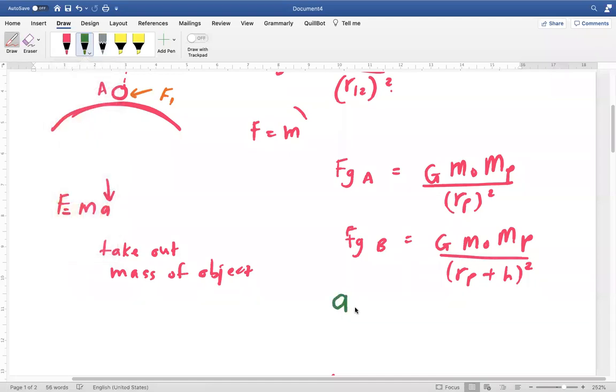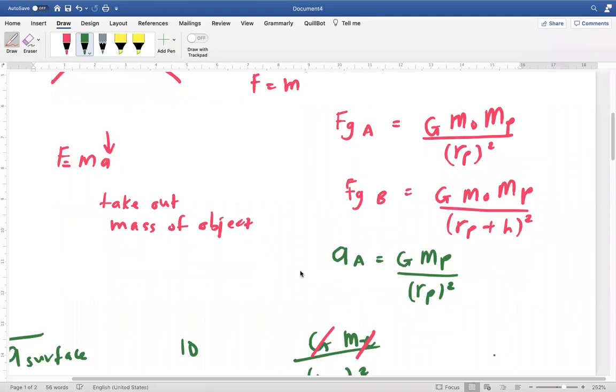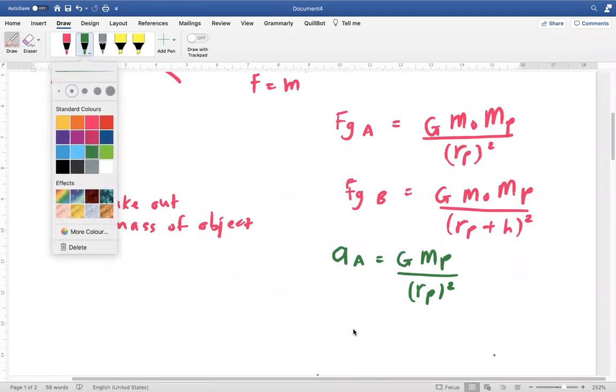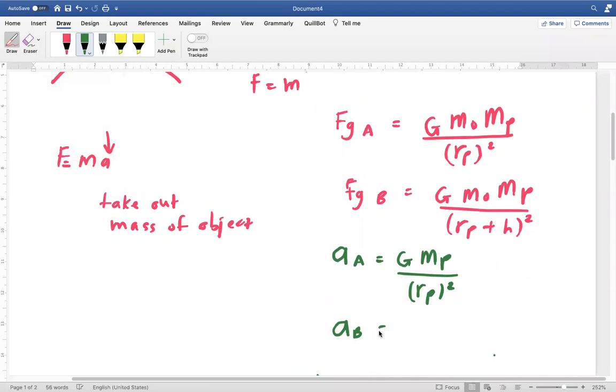So acceleration at point A is, take out the mass of the object, so it becomes G mass of planet over radius of planet squared. And the acceleration at B is G mass of planet over R plus H, RP plus H squared.